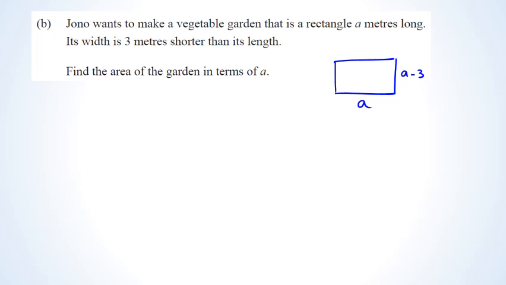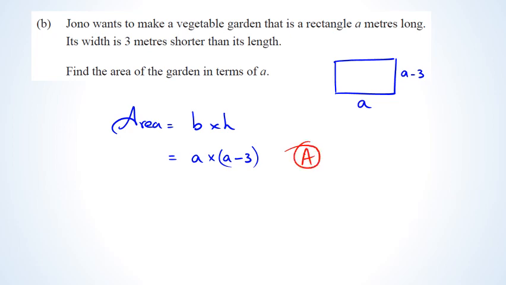Now they're saying find the area of the garden in terms of a. So all it is, area equals base times height. Base is a times (a minus 3). Now, really important, guys, that you put a bracket around a minus 3. Otherwise, you're actually writing the wrong formula. So putting this here is going to get you another achieved. Okay, next question.